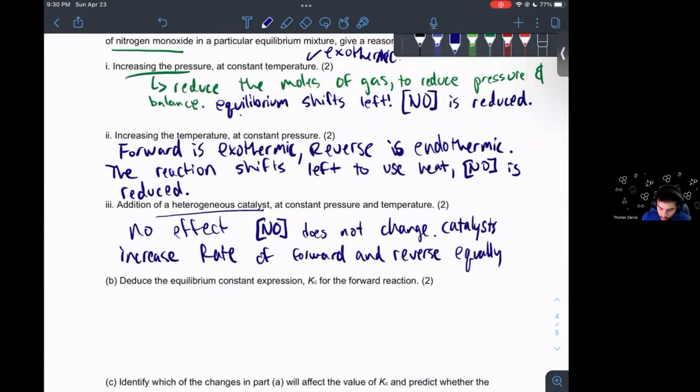All right. So part B, deduce the equilibrium constant expression Kc for the forward reaction. Well, this one we know we're just going to put the products over the reactants.